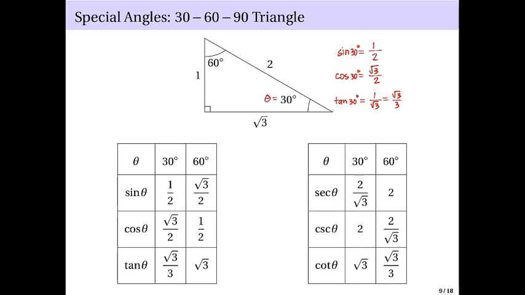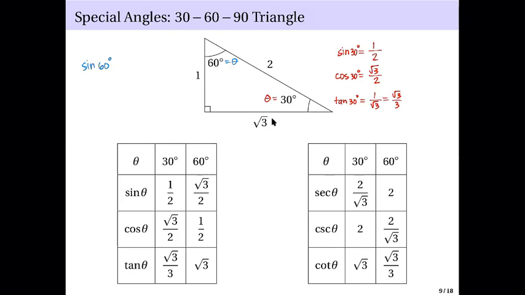If we chose this as our theta, let's try 60 degrees here. So we want to find sine of 60 degrees. This is your angle theta.